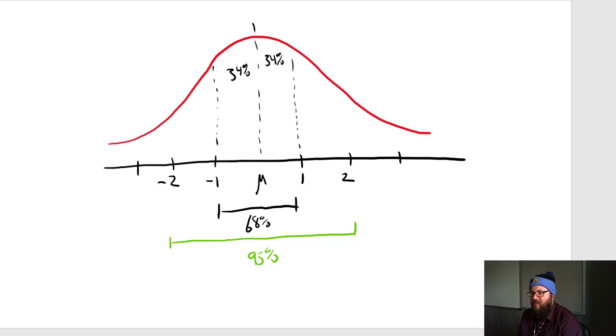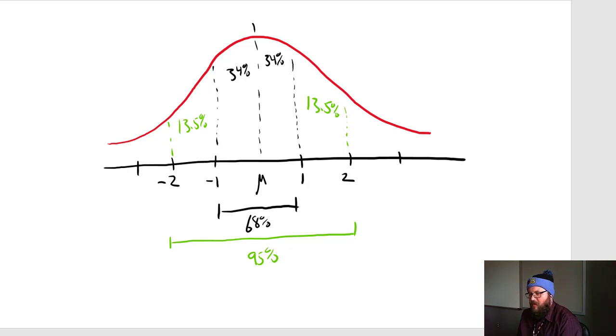Well, since we already have 68 involved with the first standard deviation, that means we just need to put the rest of our data, which would be 13.5% on this side between one standard deviation and 2, and 13.5% between -1 standard deviation and -2.